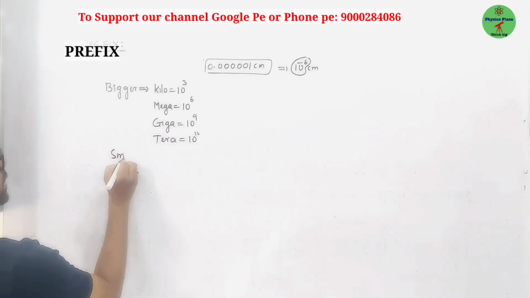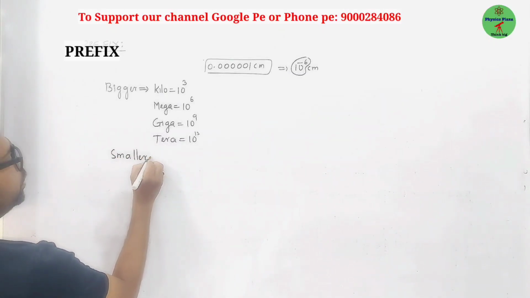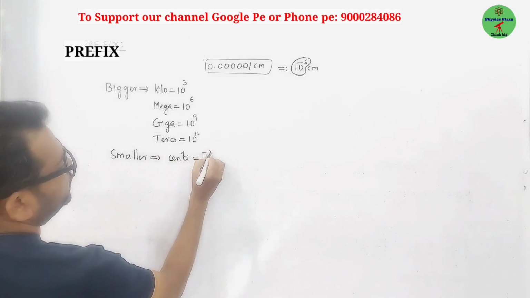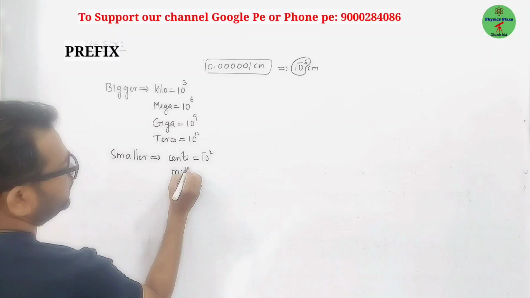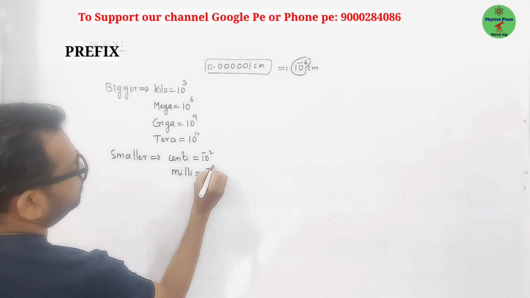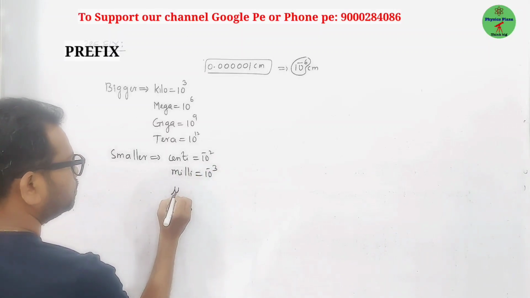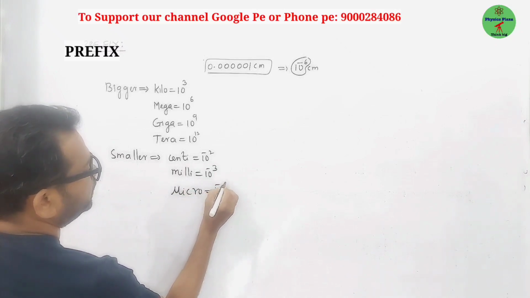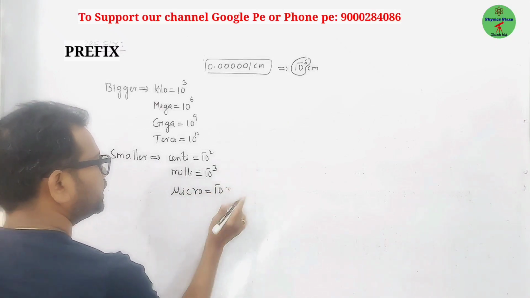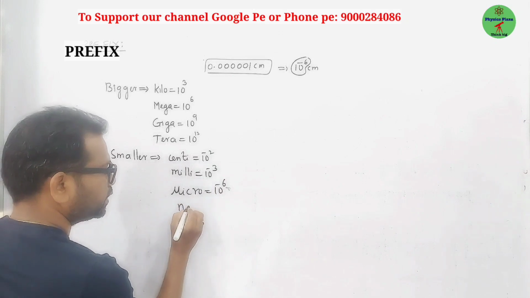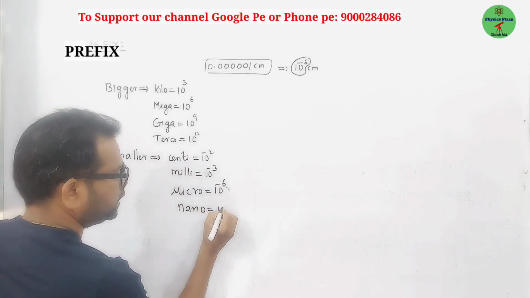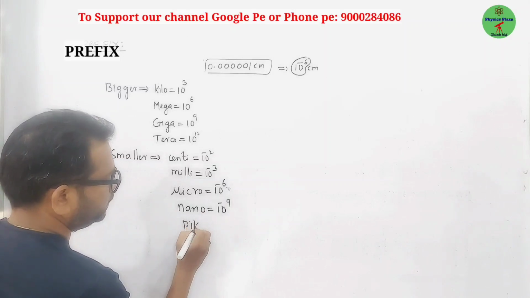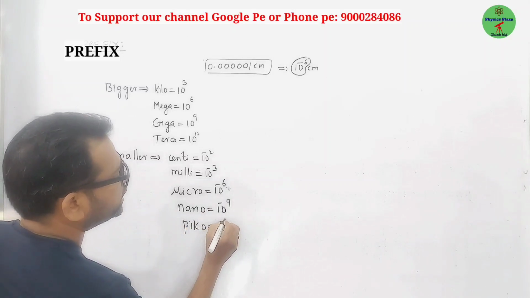For smaller numbers, centi is 10 power minus 2, milli is 10 power minus 3, micro is 10 power minus 6, nano is 10 power minus 9, and pico is 10 power minus 12.